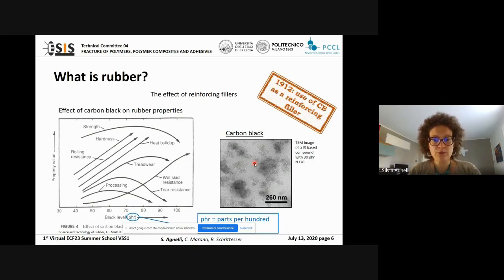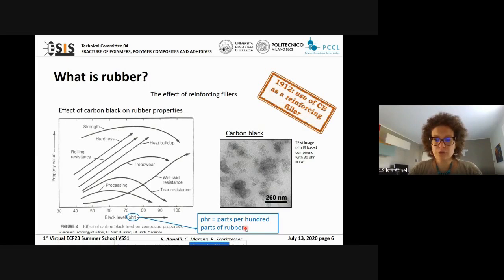Its presence modifies the parameters of the elastomer depending on the amount of the used carbon black. Usually the amount of filler is measured by phr, which means parts in weight per 100 parts of rubber.